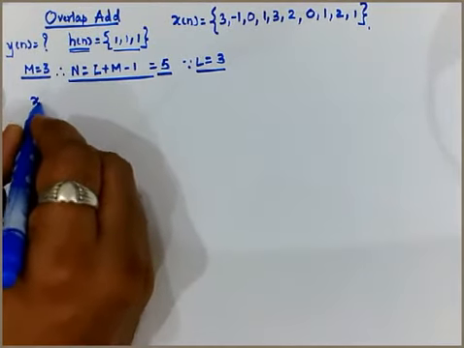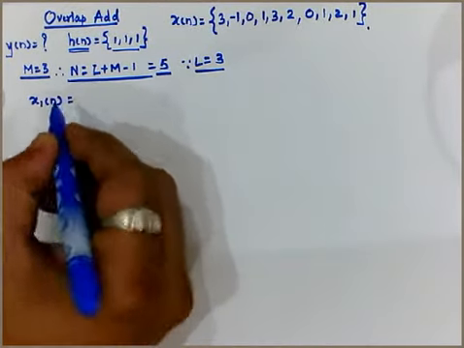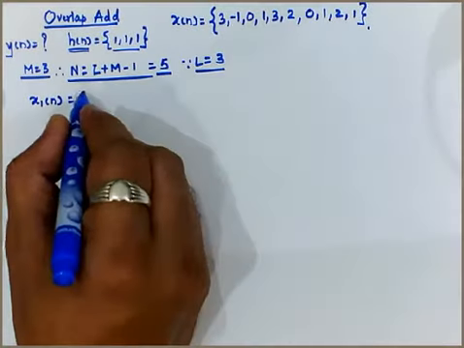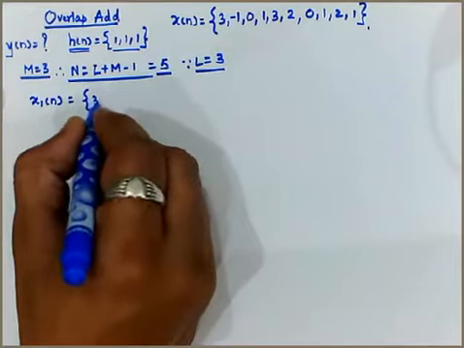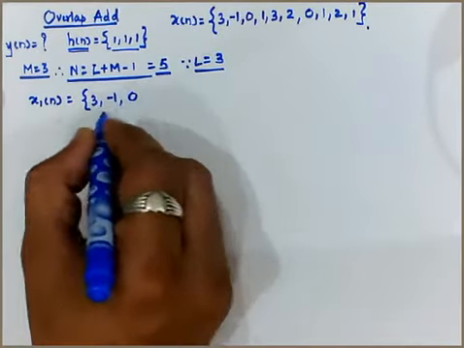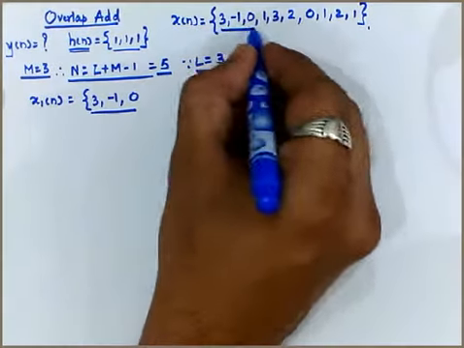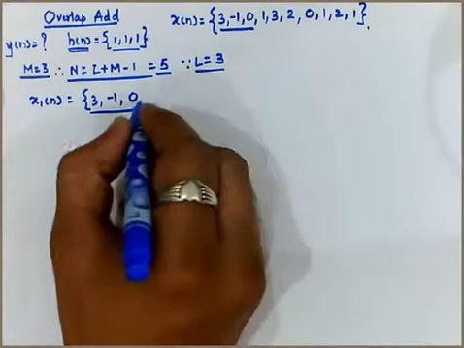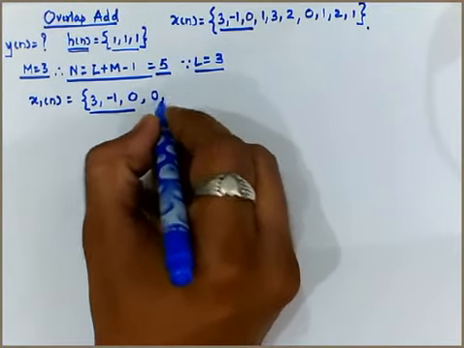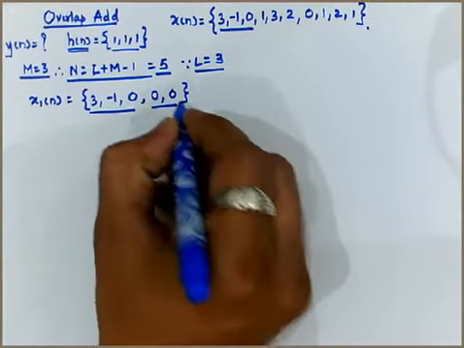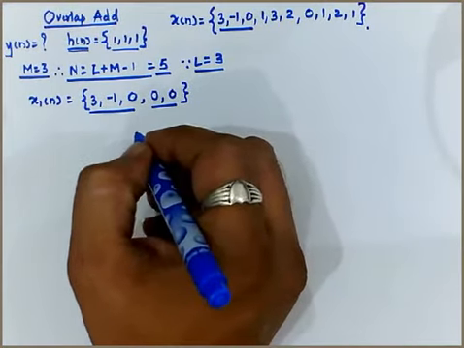So x1 of n can be calculated as the first sequence, 3 minus 1 0. This is L. But here the total number of sample values should be 5, so 2 zeros will be appended. These are the 2 zeros which will be appended.